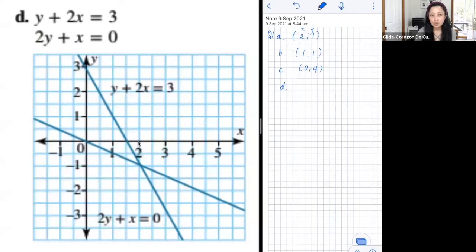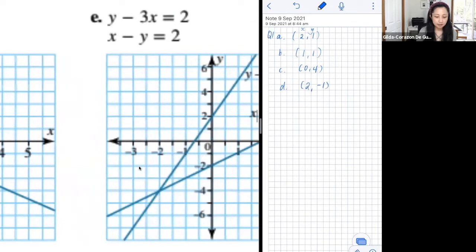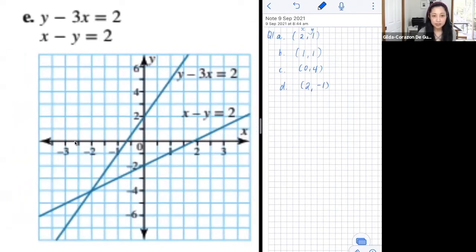So that's a positive 2, but then that's a negative 1 for the y value. So then that's 2, negative 1. Okay. And then for E, both are negative because precisely the point of intersection would be in the third quadrant. And therefore you have what? Negative 2, comma, negative 4. Okay.